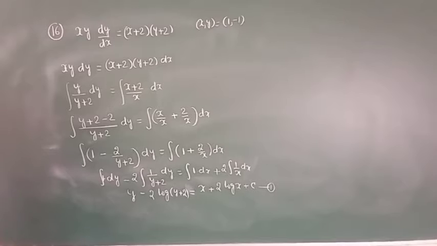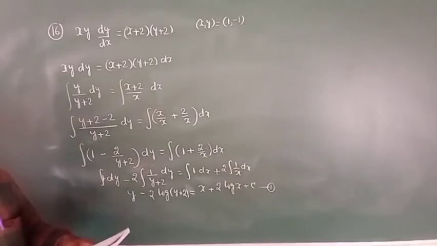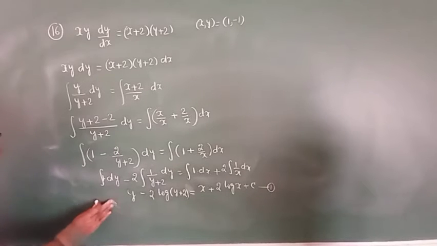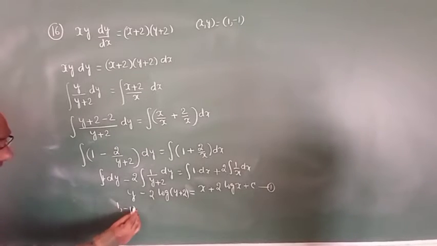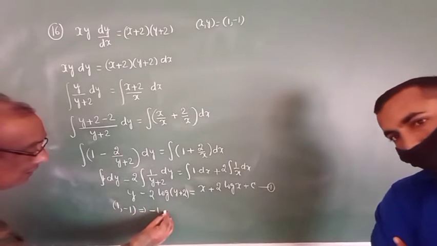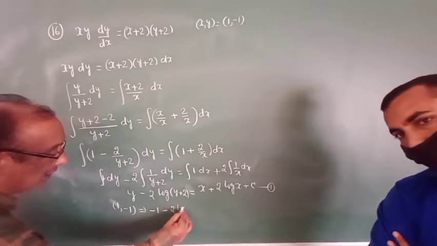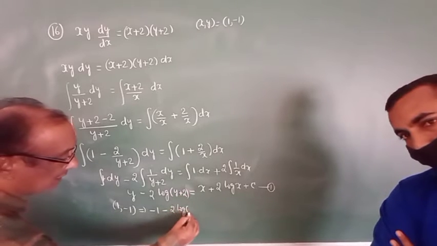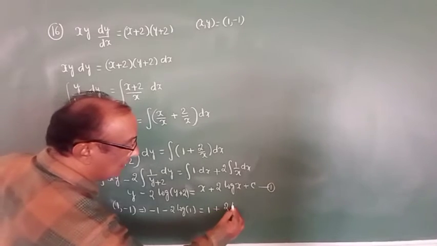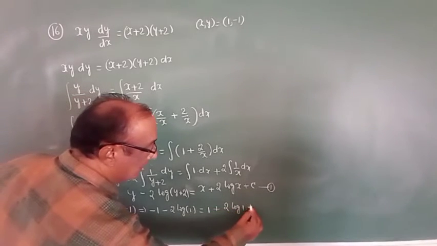Substitute x value, y value, find out the c value, and write down the particular solution first. x value is 1, y value is minus 1. Substitute: y value minus 1, minus 2 into log of minus 1 plus 2 is 1, x value is 1, 2 into log of x value 1 plus c.